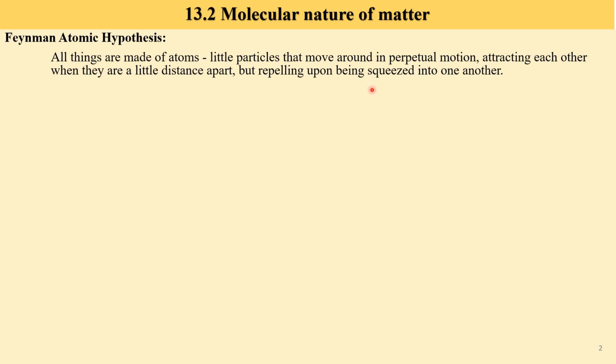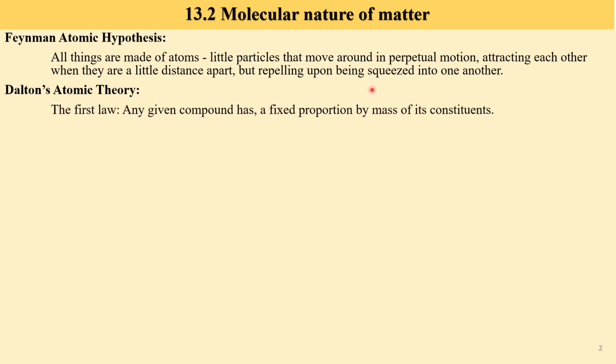The next theory was given by John Dalton. The scientific atomic theory is usually credited to John Dalton. He proposed the atomic theory to explain the laws of definite and multiple proportions obeyed by elements when they combine into compounds.